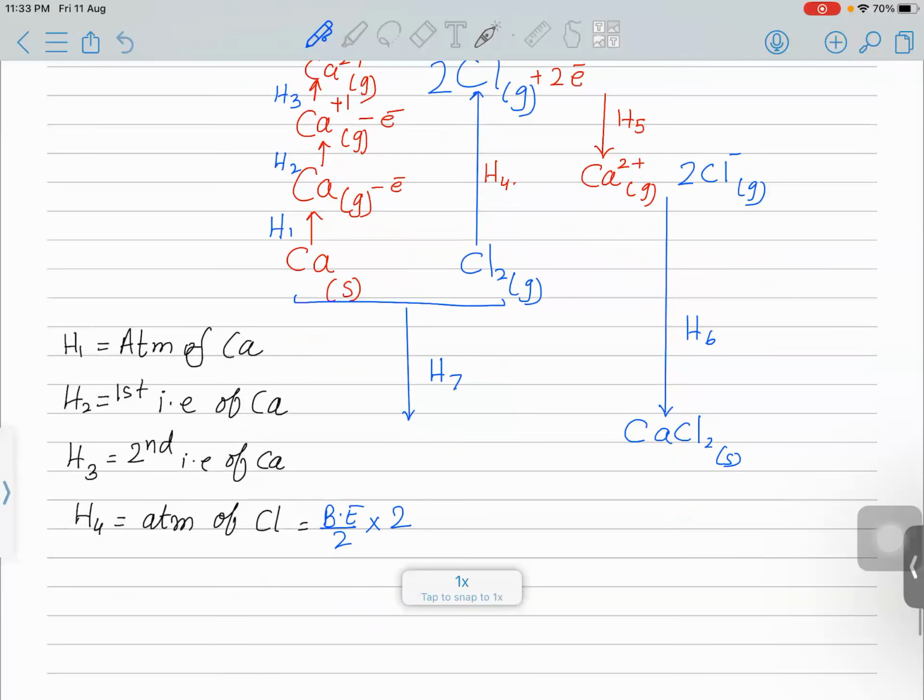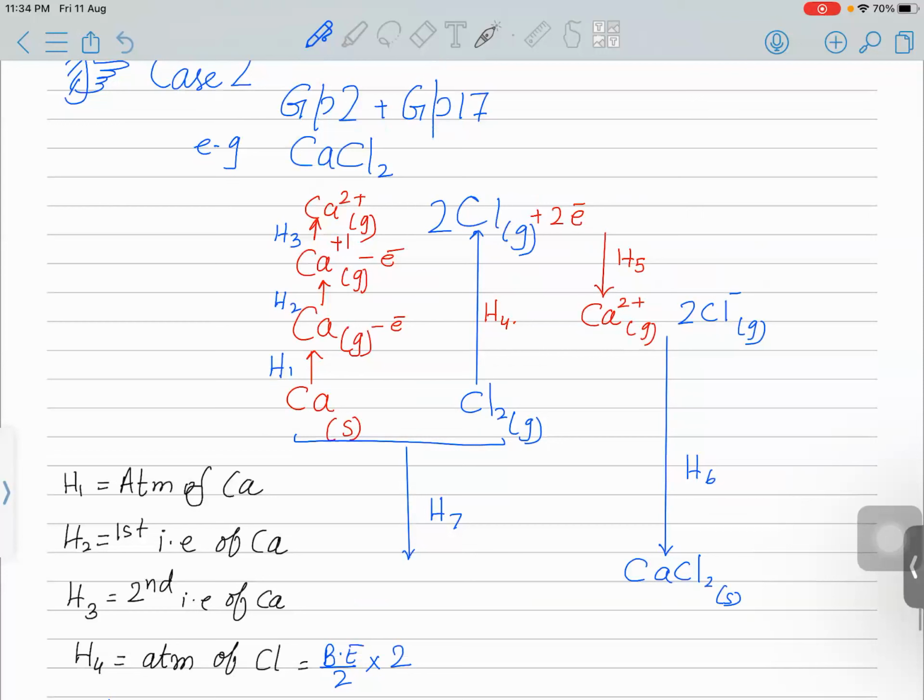Okay, very good. Then what is H5? It's the electron affinity of chlorine. Can you tell me how many chlorine atoms are there? 2. So you have to multiply it by 2, because this electron affinity is kilojoule per mole, for 1 chlorine.